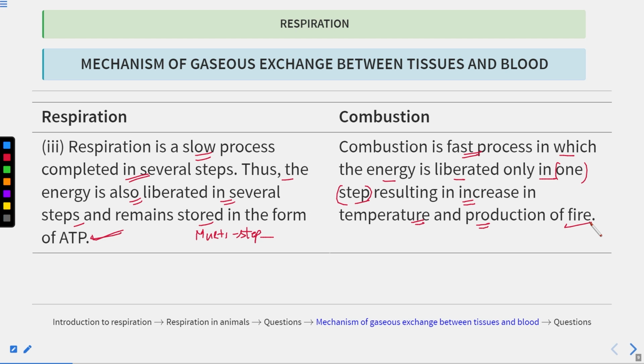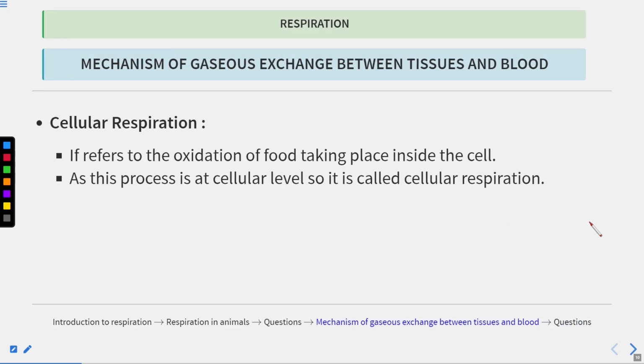Okay, this is clear. Now let's discuss cellular respiration. So already in the previous lecture I have given you a brief idea about cellular respiration. So cellular respiration takes place inside the cell or within the cell. So what happens during cellular respiration? It refers to the oxidation of the food taking place inside the cell.